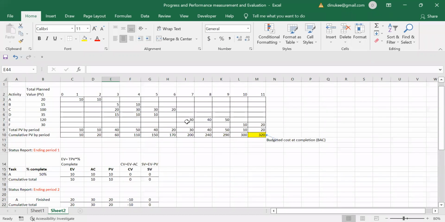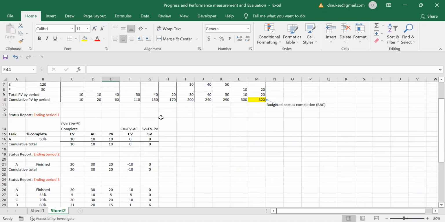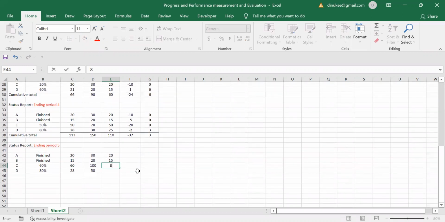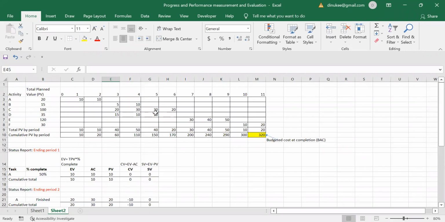And for the C activity, what is the planned value for the ending period 5? And for the D activity, the planned value for the ending period 5 should be 35.